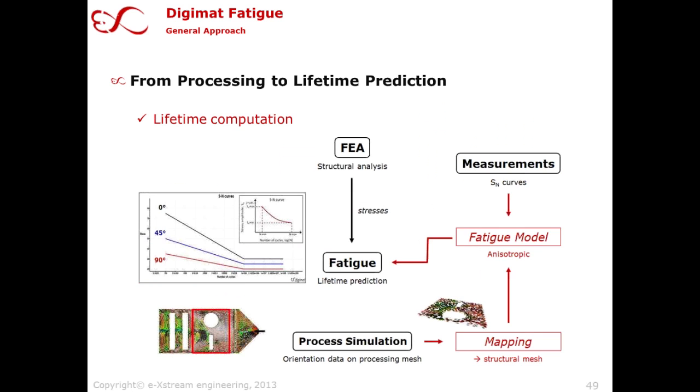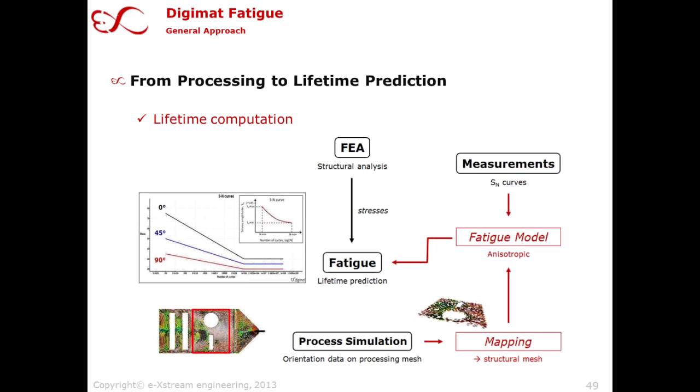So correct local stress states we put into the fatigue level, so lifetime prediction software, but then there is the other story to it. Again, for the lifetime prediction, there are different measurements that we have. These measurements would be now Wöhler curves, so SN type of curves, which also are anisotropic, so they depend on the local fiber orientation.